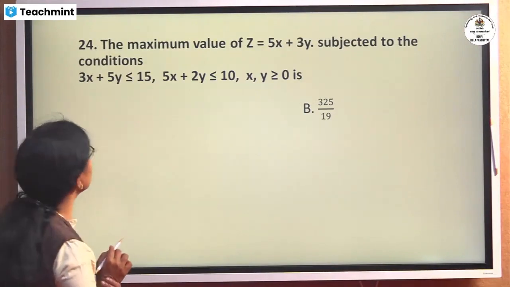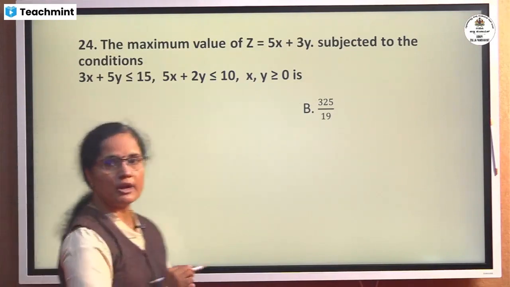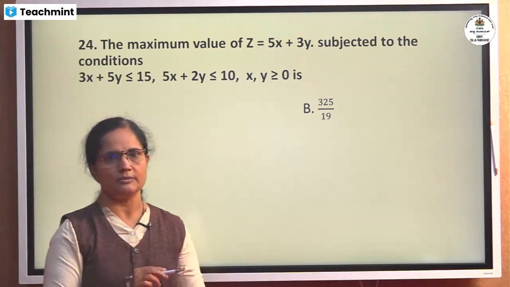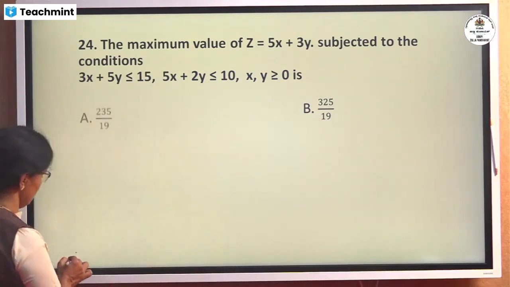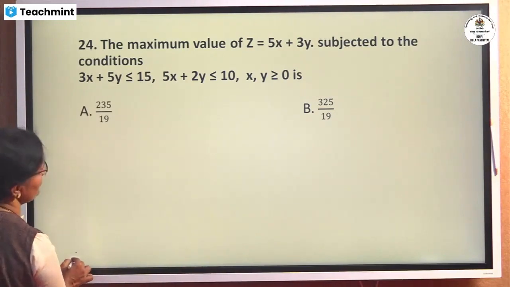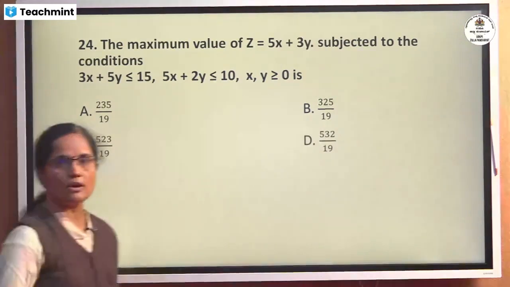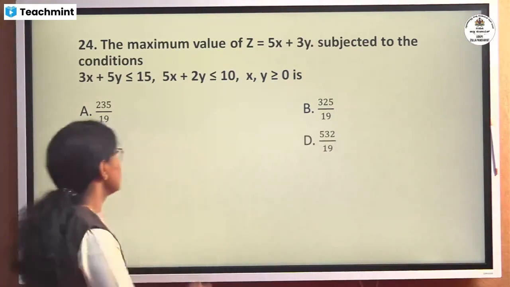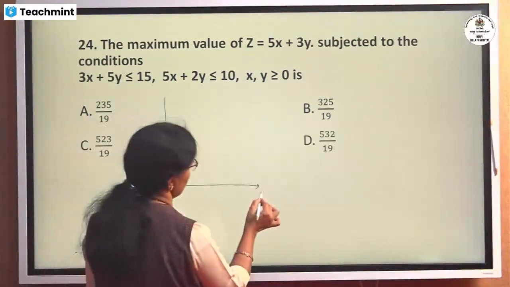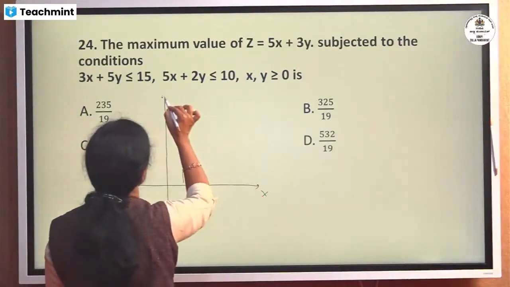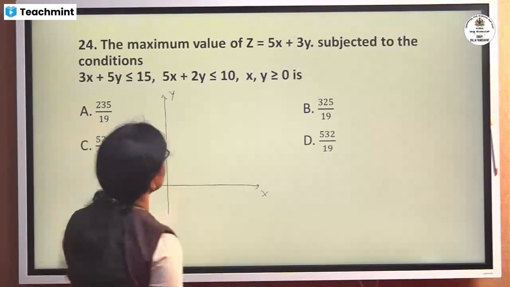The next one is the maximum value of 5x plus 3y subject to the conditions. Some inequalities are given here. Let me go for the options. All these are the options that you have to calculate. Here also better to go for the graph itself. So x-axis and this is the y-axis.